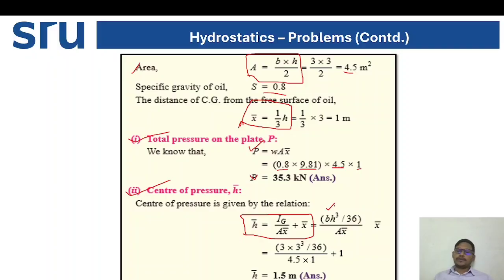So BH cube by 36, and A we already calculated, x bar already we have calculated, that is 1. So we know x bar is 1, and A is 4.5, and B or H both are same here. So BH cube means 3 into 3 cube by 36.